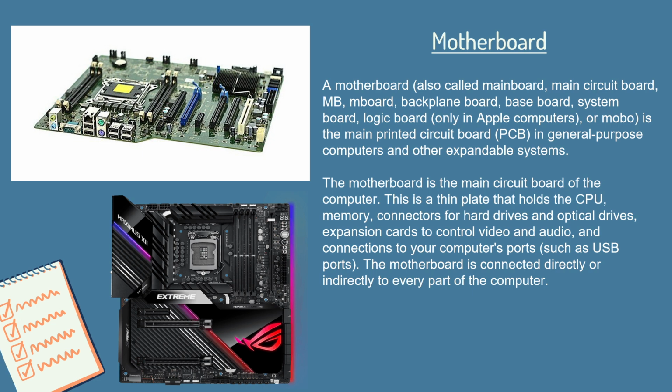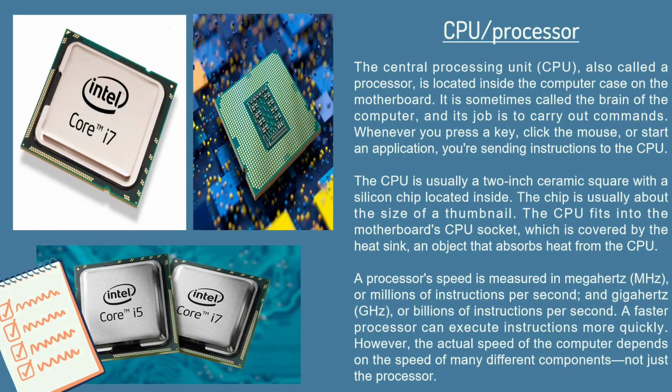This is a thin plate that holds the CPU, memory, connector for hard drive and optical drive, expansion card to control video and audio, and connection to your computer ports, such as USB port. The motherboard is connected directly or indirectly to every part of the computer.